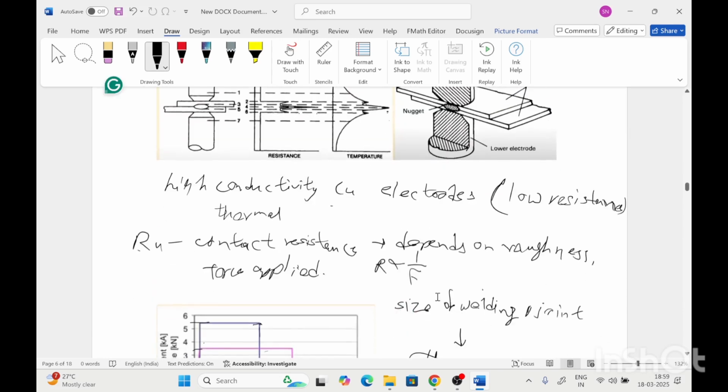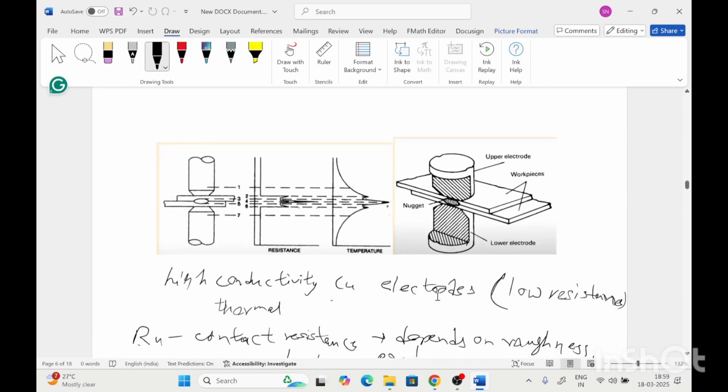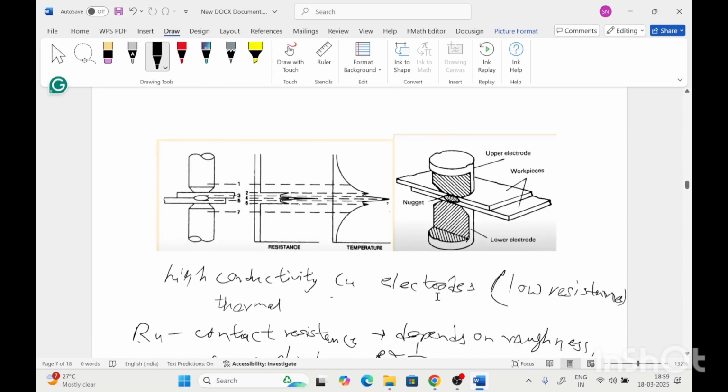If we talk about the resistance and temperature variation across the welding joint and electrode-plate interface, at the interfaces of the electrode and plates, and the resistance between the two plates is the highest, and similarly the temperature will be higher at the contact between two plates.